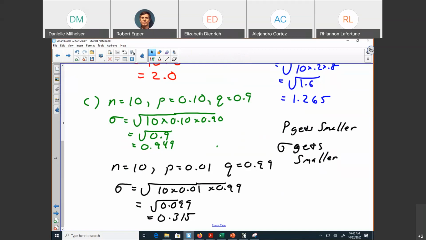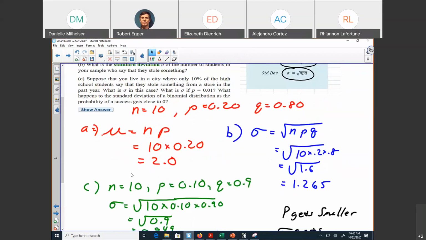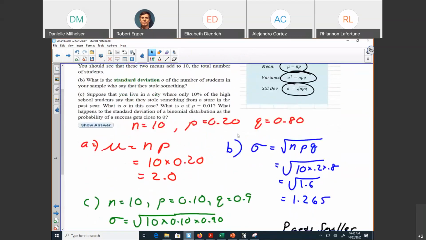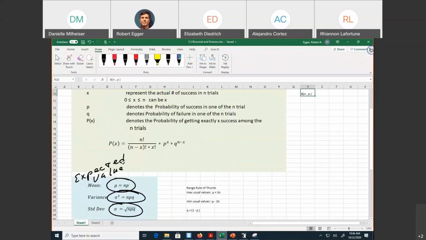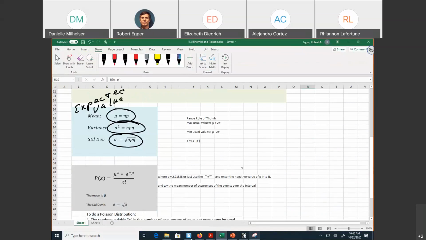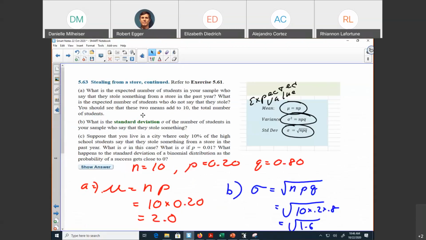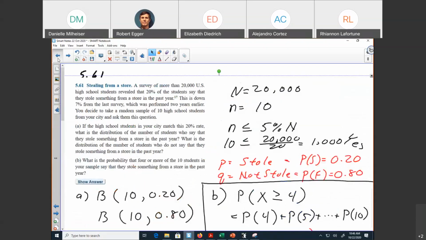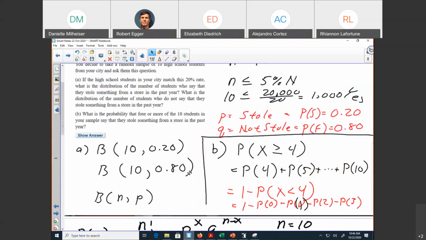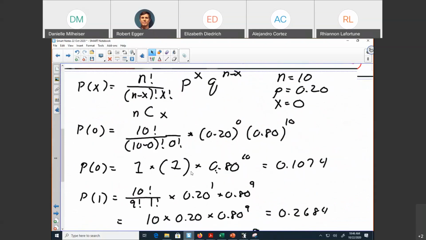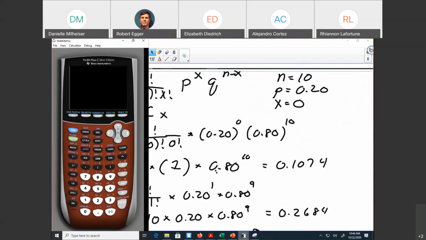And I forgot to show one thing though. That's basically using all the equations for a binomial distribution. How to do this on a calculator. Oh, okay, that's fine.